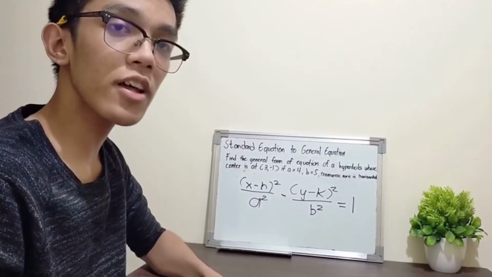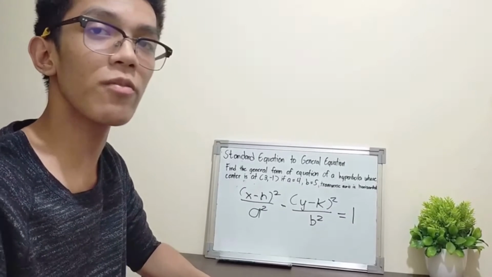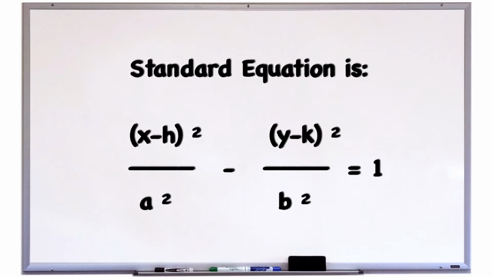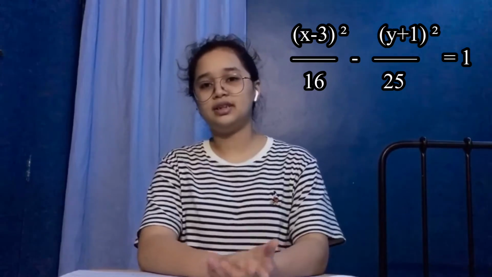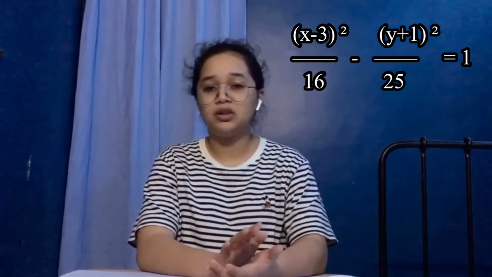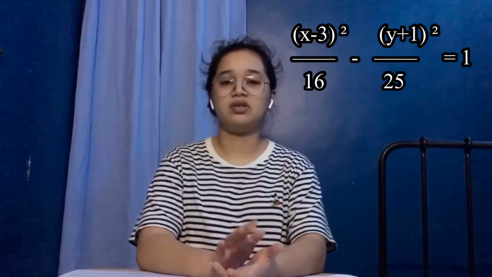And that's the standard equation with the given information. Let's substitute it and it will result to (x minus 3) squared over 16 minus (y plus 1) squared over 25 equals 1.